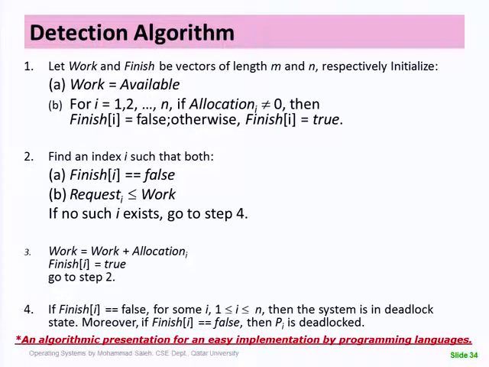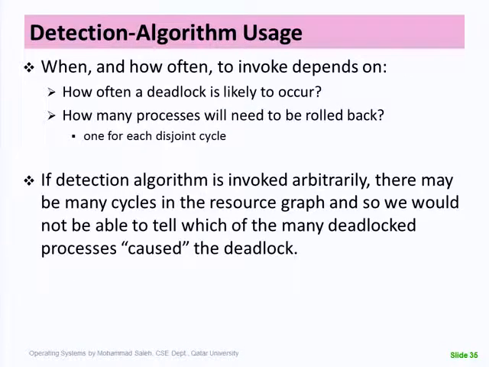So this is the algorithm. It's exactly the same as the safety algorithm that you have seen in the banker's algorithm. However, here, instead of needed, we call it the request matrix. So how often do we really execute the detection algorithm, trying to find an execution sequence? We said periodically.